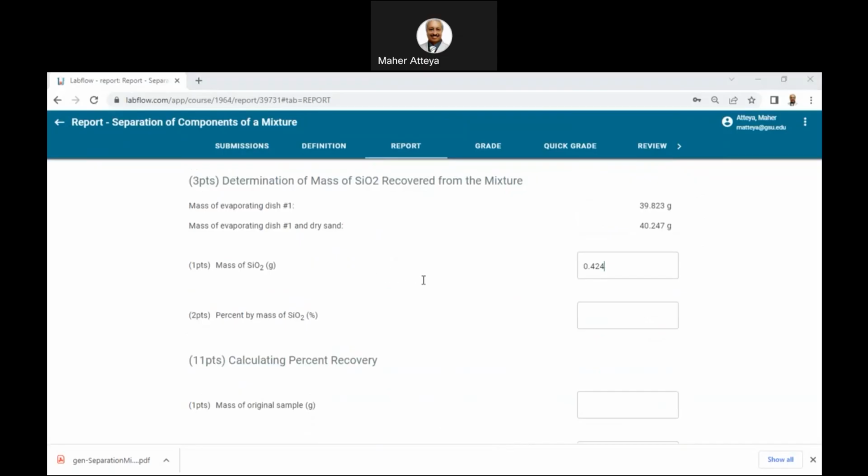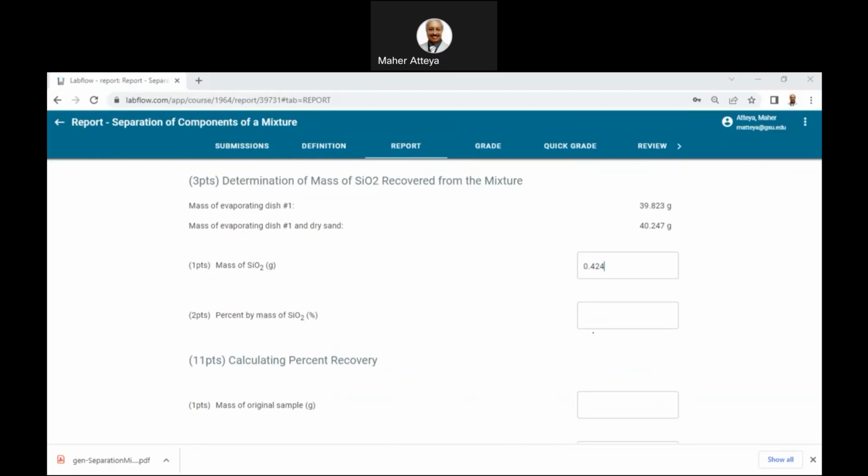The mass percentage will be this divided by the whole sample amount, which is 0.812, then multiply by 100% equal to.